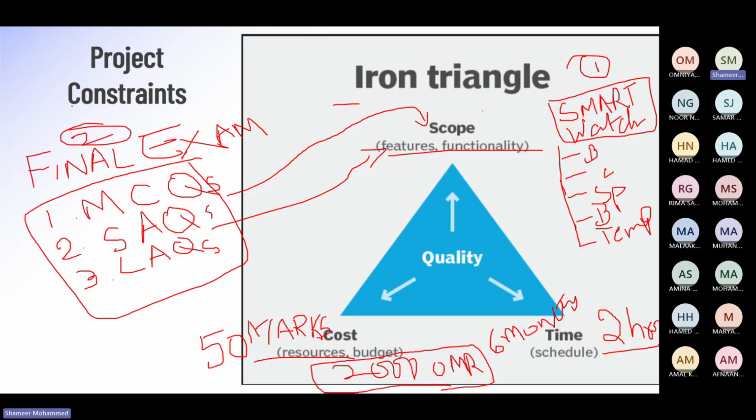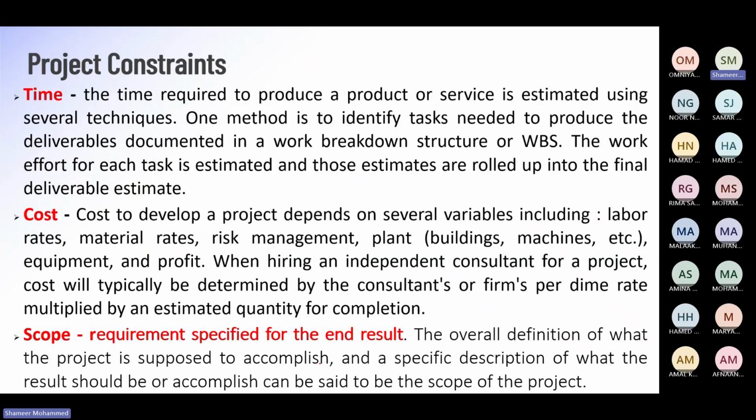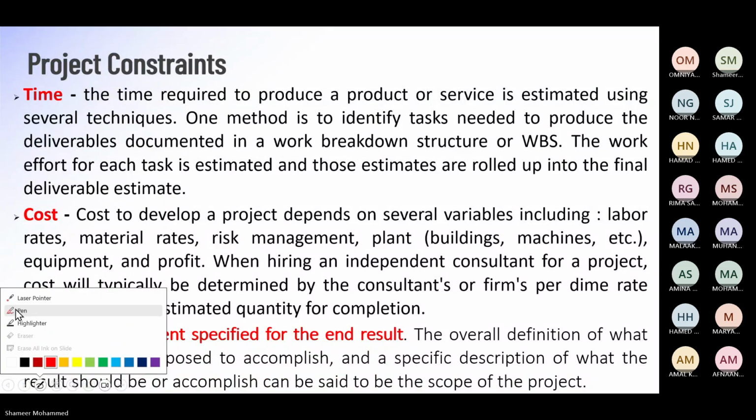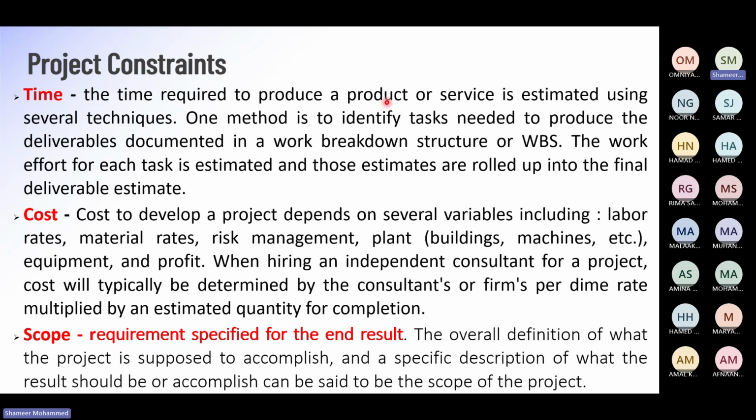So this project has constraints. This project also has constraints. What are they? Number one constraint is this one, scope. Number two is time. Number three is cost. Understand? They are called limits, limitations, constraints. So that explanation is given to you here. Time means how much time is required to do that project.